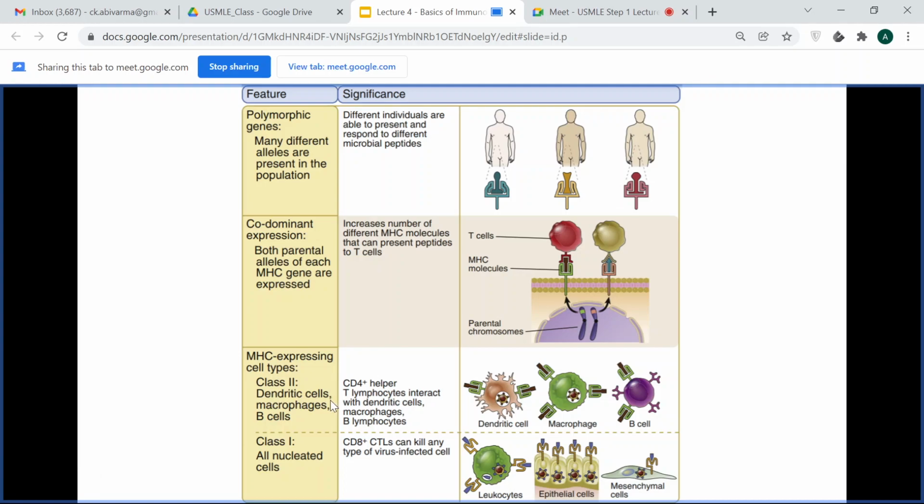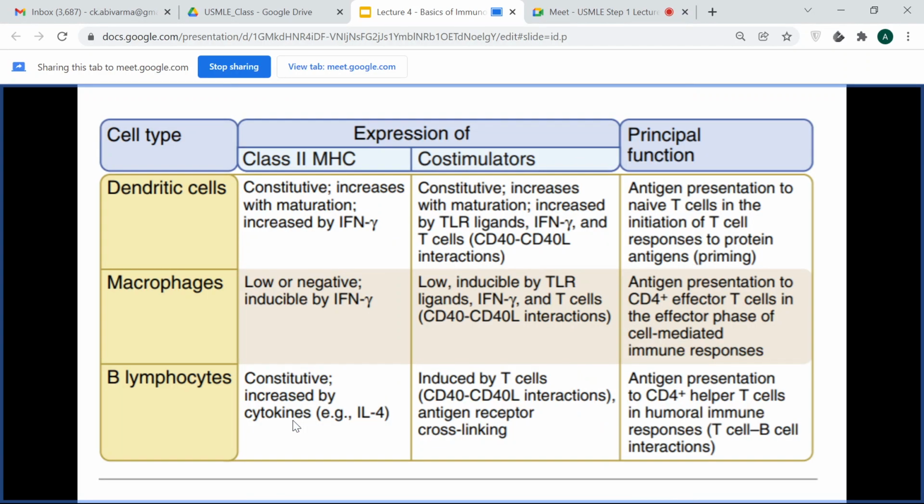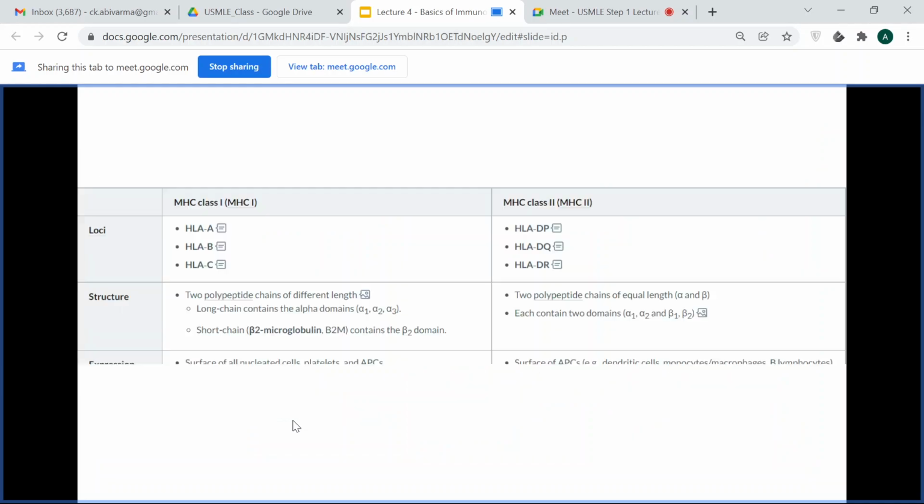So dendritic cells, macrophages, and some B cells. These are the reasons why MHC molecule is expressed, and the reasons why it can be stimulated on these types of cells. I just included it. We'll go through these examples when we see them on the way.